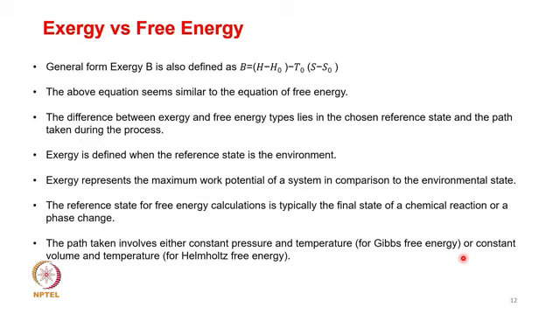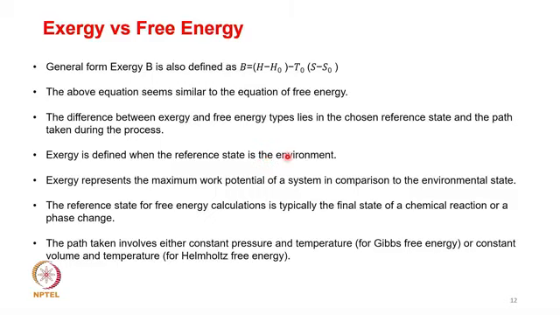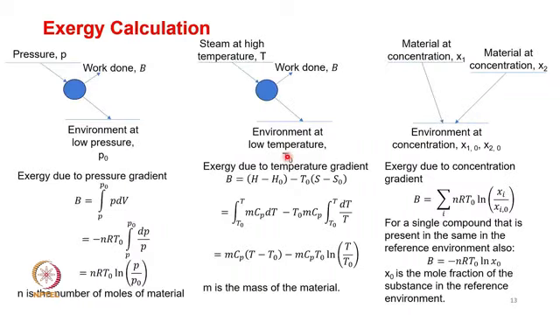So this is the subtle difference between free energy and exergy, correct? This is the maximum available energy of that system. The definition is similar to the free energy, but the difference is the reference state is always connected to the environment.